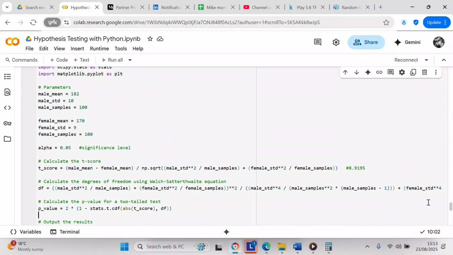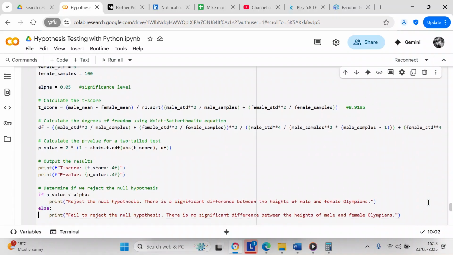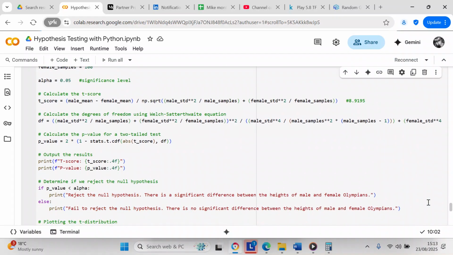So t is your t distribution, and CDF is your cumulative distribution function, and df is your degrees of freedom. Then we're going to output the results of your t-score and your p-value.